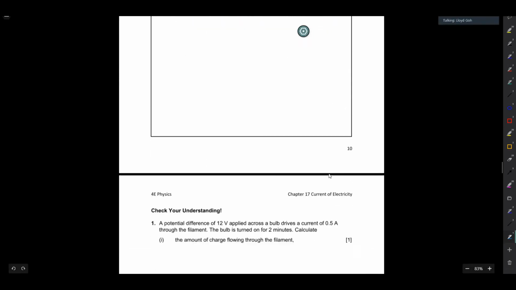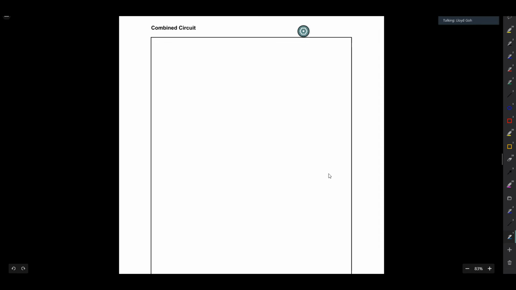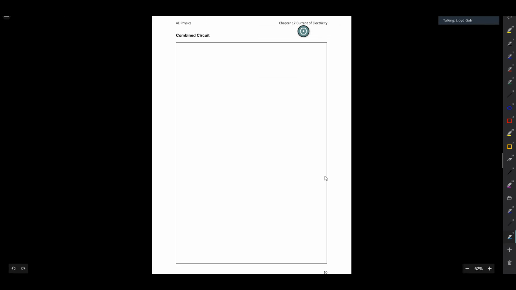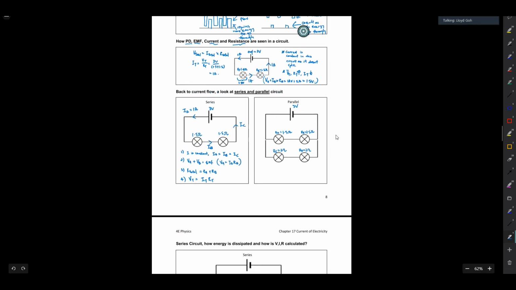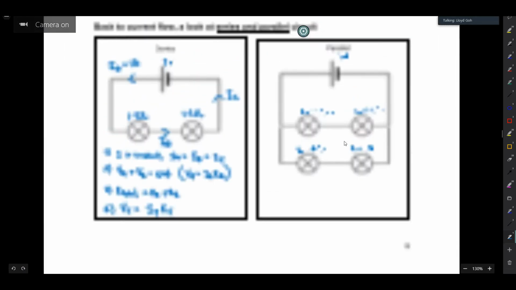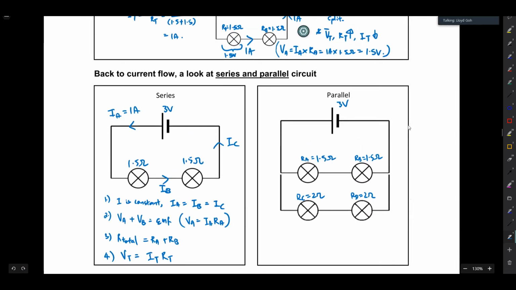Sorry, can you turn to page 10? On page 10, I want you all to split this into half. Sorry about that, I think there's a printing error. For parallel circuit, can you write here, C page 10?